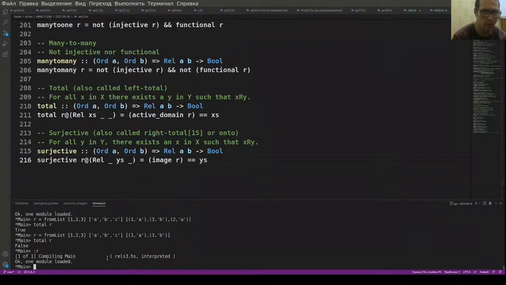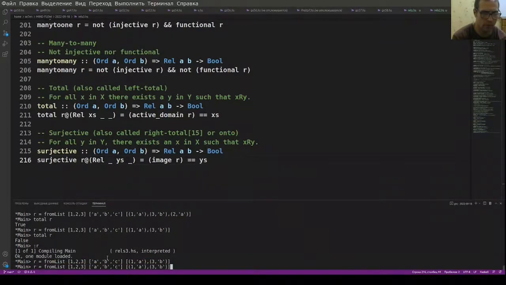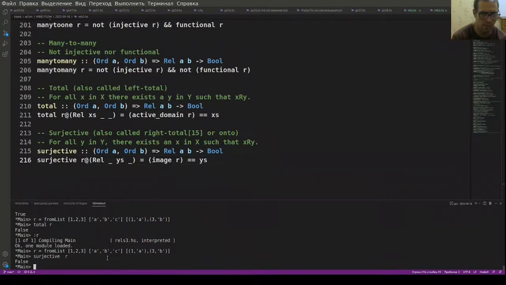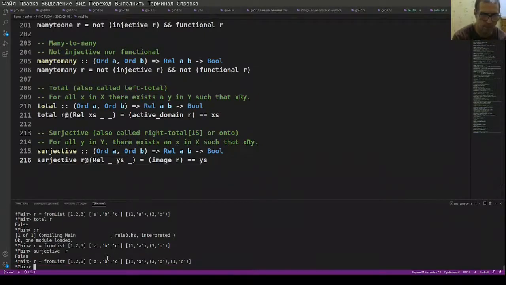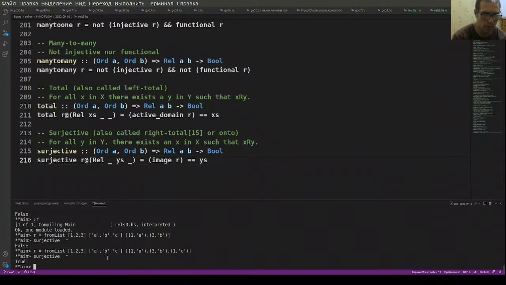Okay, we can test for surjectivity like this. And this is not surjective because we need to provide something for C. Okay, and now it is surjective.